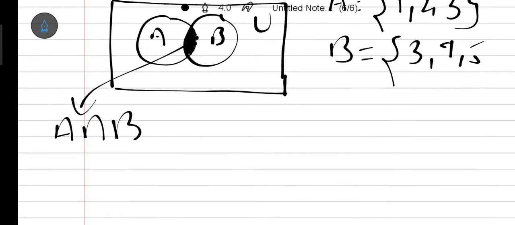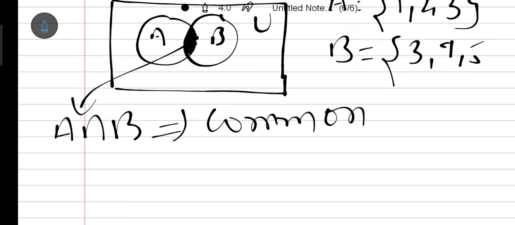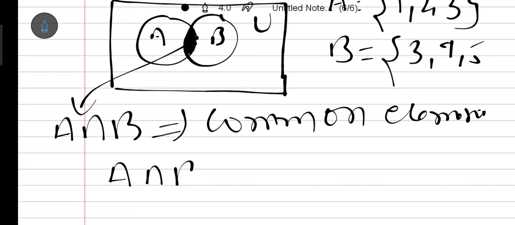It means we'll take the common elements of the two sets. So if we write A intersection B, we'll get the answer 3, because 3 is the only element common in A and B. So this is what intersection of two sets means. Now let's move ahead and see what the next operation is.